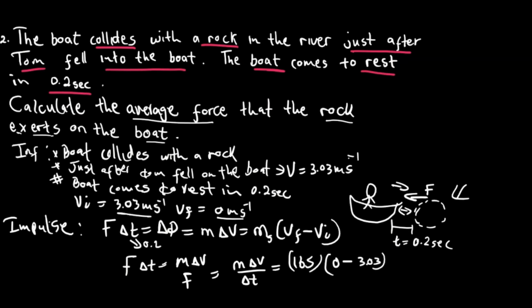So remember, the minus is just part of the equation. When you write the change in velocity, it's V final minus V initial. So this is just general knowledge, divided by time of 0.2 seconds.